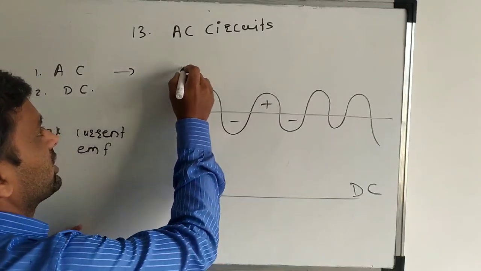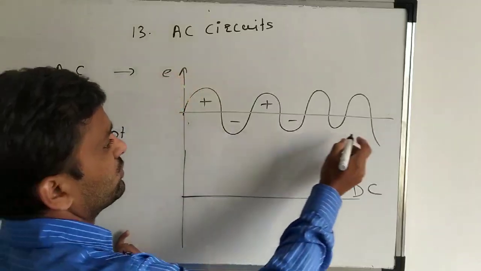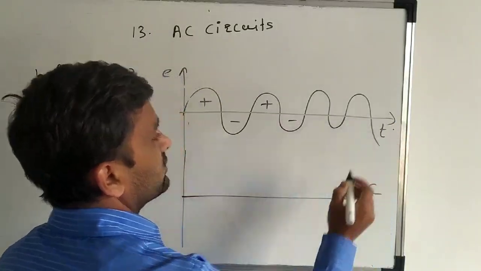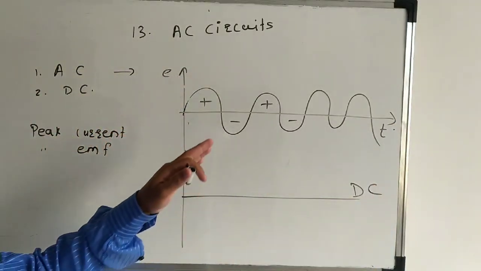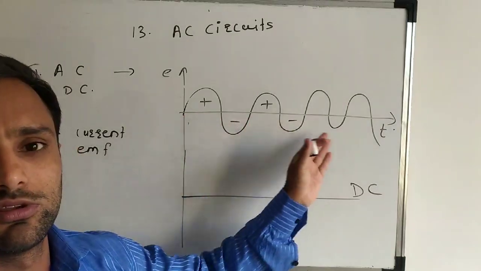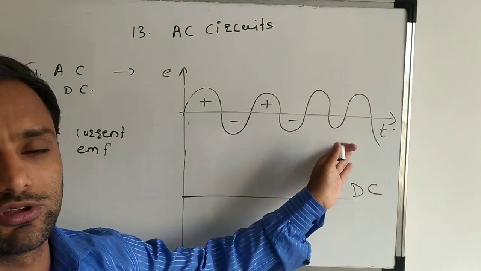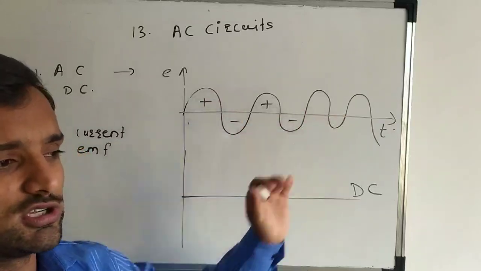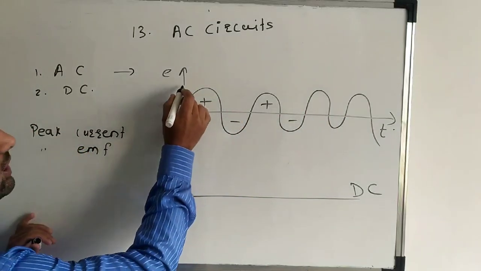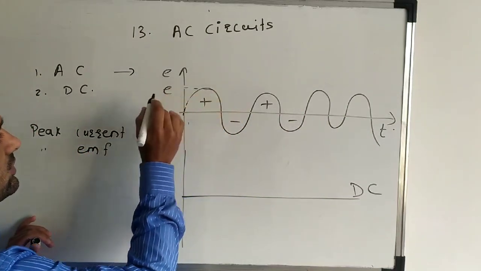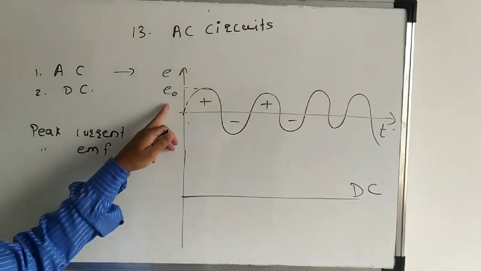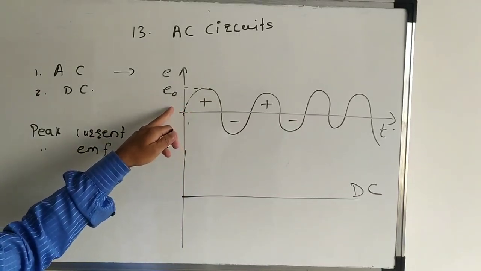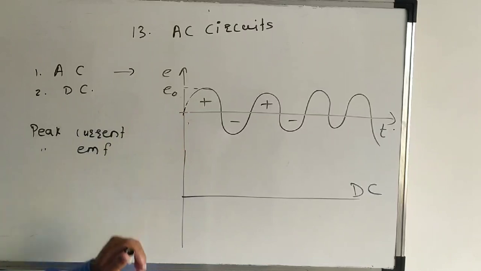If you plot the graph of EMF versus time, then the nature of the alternating EMF is that it changes periodically. Now the maximum value of the EMF is nothing but the peak value of the EMF.